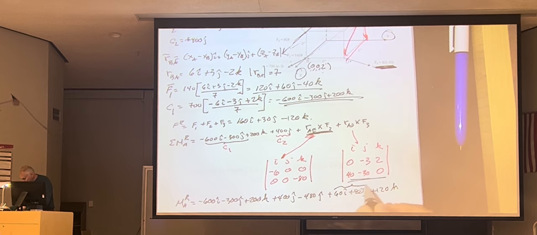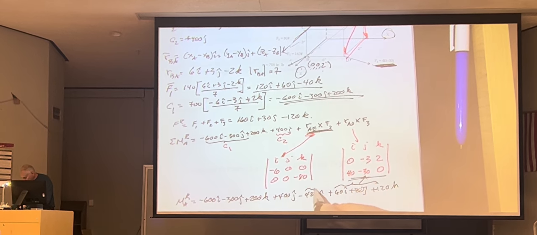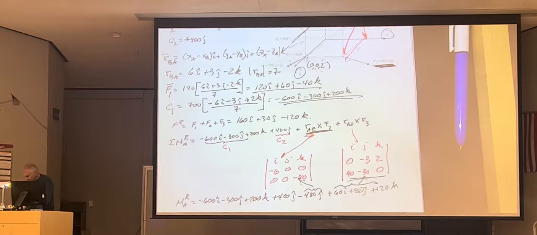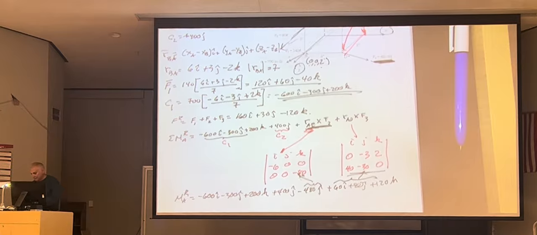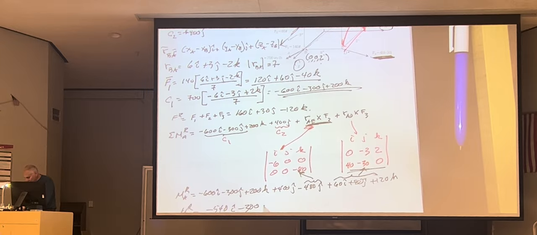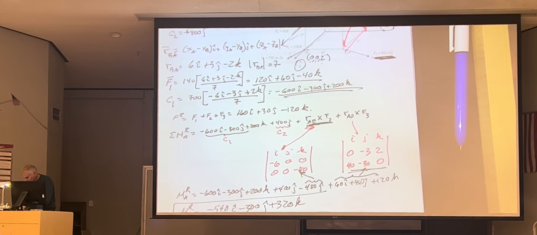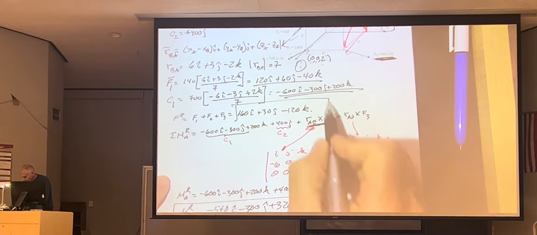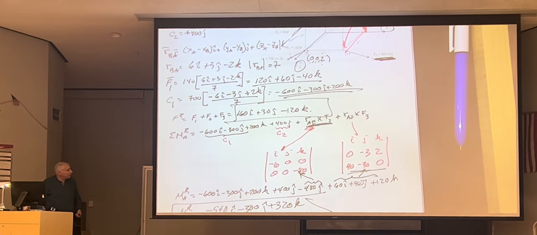So this right here is that. This right here is that. And the others are already there. So moment A resultant is going to be minus 540I, minus 300J, plus 320K. There's my single force, single moment in the boxes.